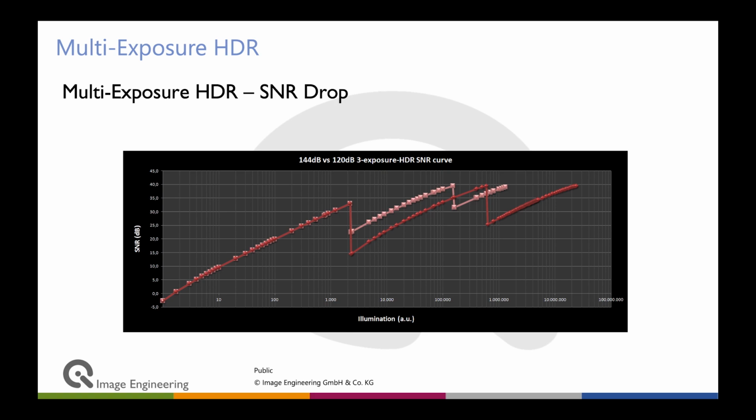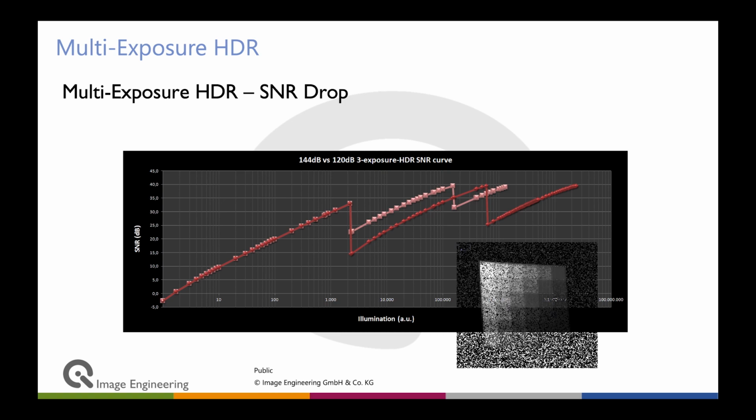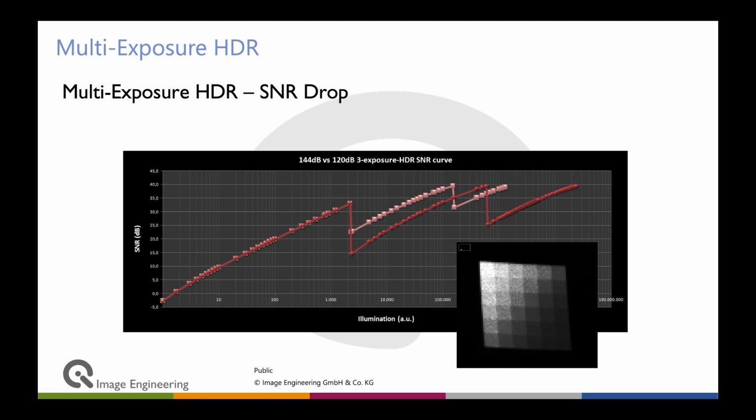That's where you get noise where you don't expect it, and we get these SNR drops. This is an actual measurement image. It's not faked. It's a real image that we captured with an automotive camera. You see that the bright patches show significantly more noise than the dark patches. How come? That's the SNR drop.